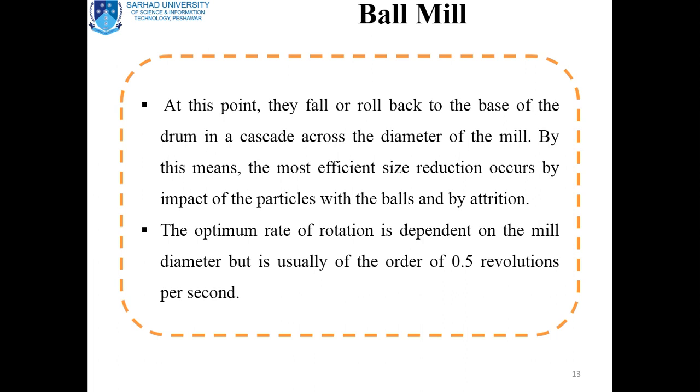By this means, the most efficient size reduction occurs by impact of the particles with the balls and by attrition as well. The optimum rate of rotation is dependent on the mill diameter, but is usually of the order of 0.5 revolution per second. This is the explanation of why slow speed or high speed is not recommended for efficiently producing particle size reduction.